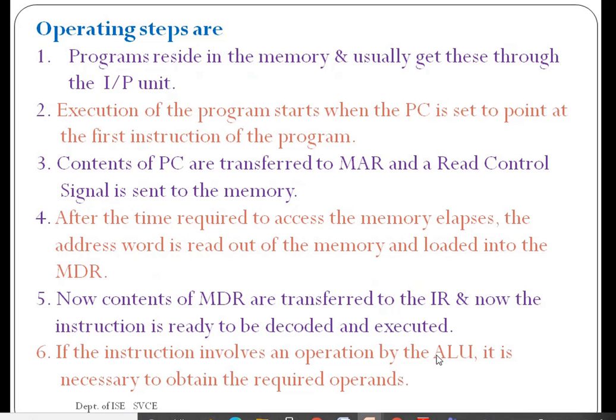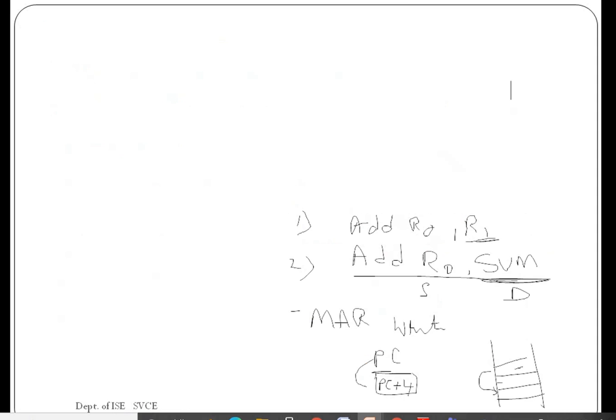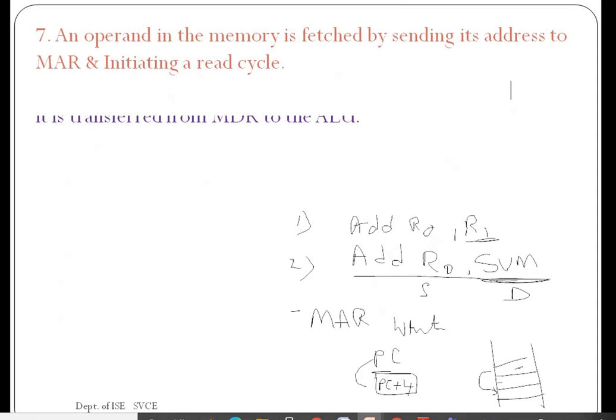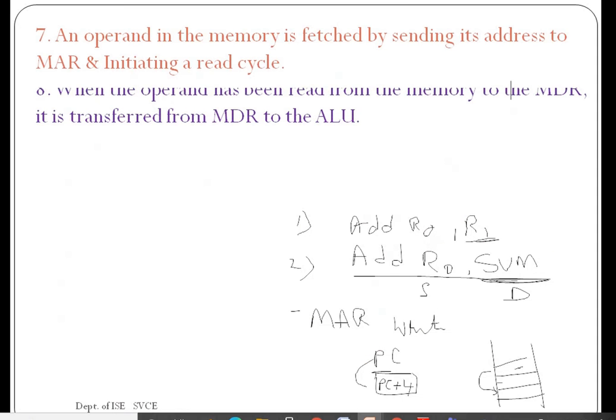If the instruction involves an operation by the ALU, it is necessary to obtain the required operands. The operands may be specified as registers, or they may be memory locations. An operand in memory is fetched by sending its address to the MAR and initiating a read cycle. When the operand has been read from the memory into the MDR, it is transferred from the MDR to the ALU.